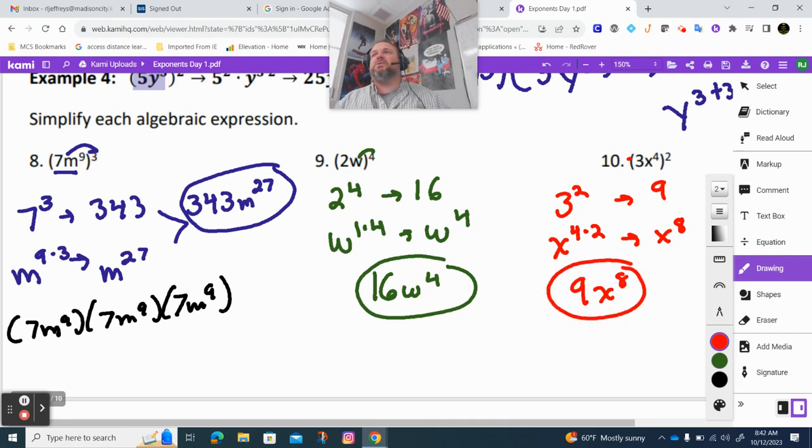Now, this sounds weird. I've actually been doing this process with these types of problems since I took Algebra 1 way back in like 1993, 94.